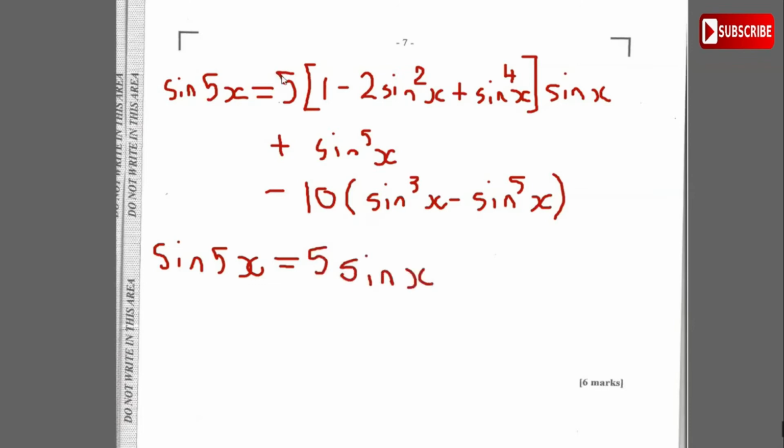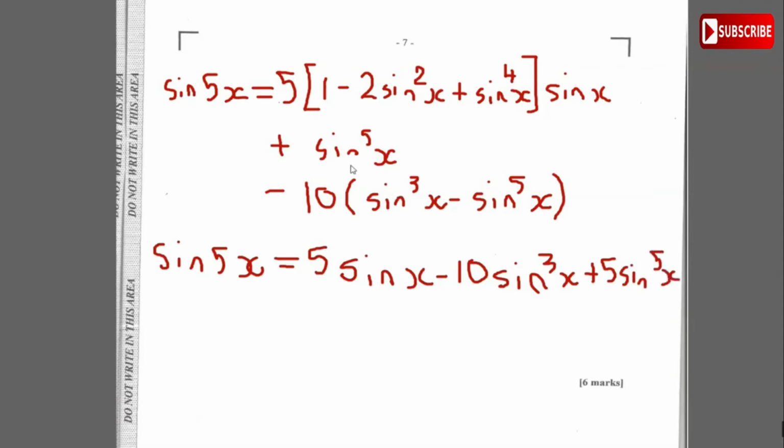Then 5 times minus 2 is minus 10 sine cube x. Then we have 5 times sine to the 4 times sine x, which is plus 5 sine to the 5th of x.